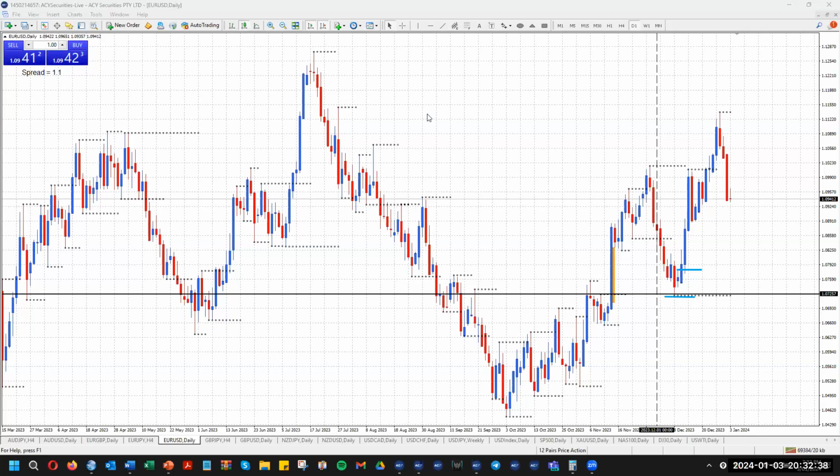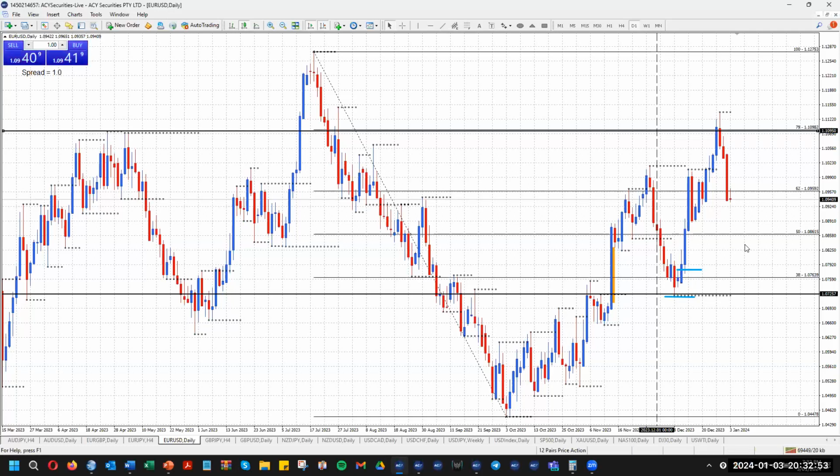And in this case, risk would have been, if you want to trade from a day chart, about 60 pips. Not that large. And we can have a look at that on a 4-hour chart as well.